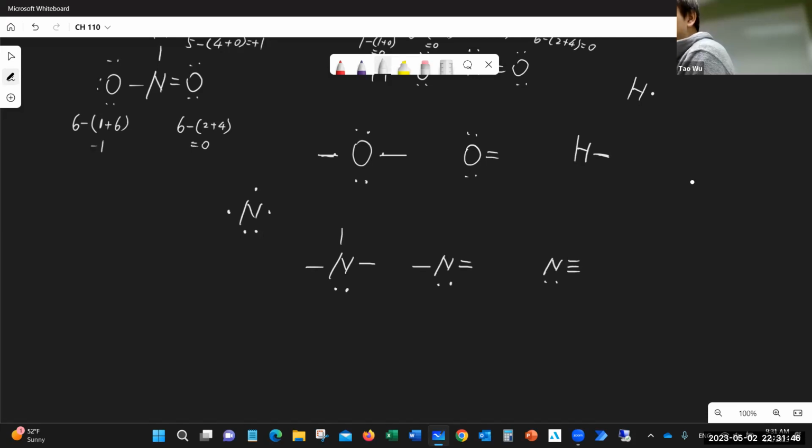So all of those have 0 for their formal charge, right? This guy has 5 minus 3 bonds plus 2, that equals 0. This is also 5 minus 3 bonds plus 2, equal to 0. This is the same thing.